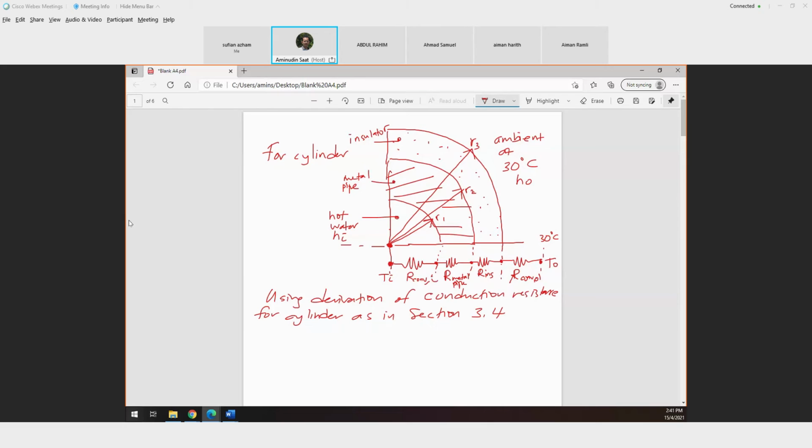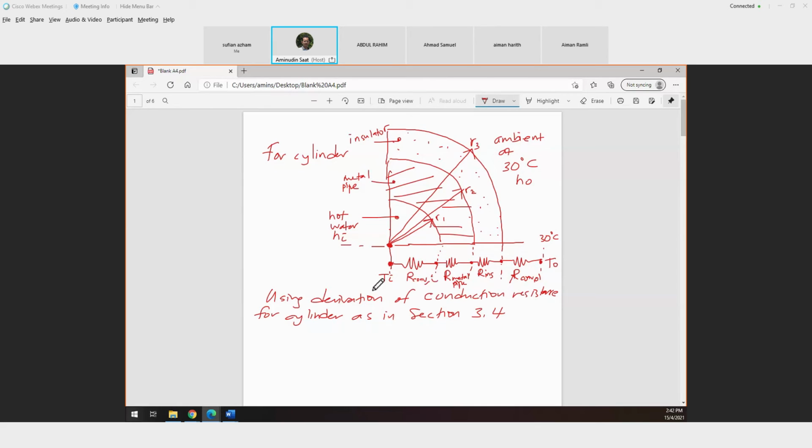Okay, so for this simple system where you have the pipe and the insulator, exposed to the environment, and you are using a hollow cylinder, you basically are dealing with 4 series of thermal resistance.